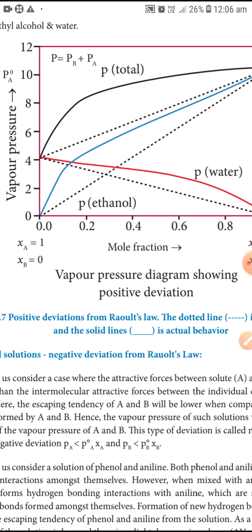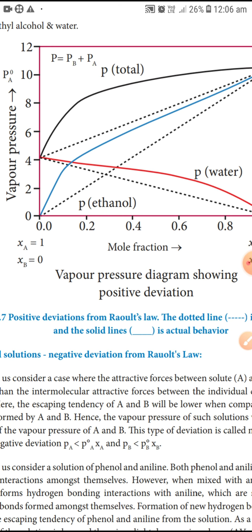So here the escaping tendency of A and B will be very low compared to an ideal solution of A and B. Hence the vapor pressure of such a solution will be lower than the sum of vapor pressures of A and B. This type of deviation is called negative deviation, PA less than P naught A XA.